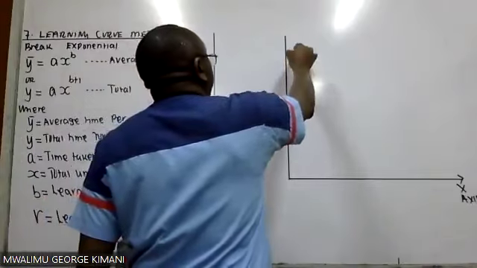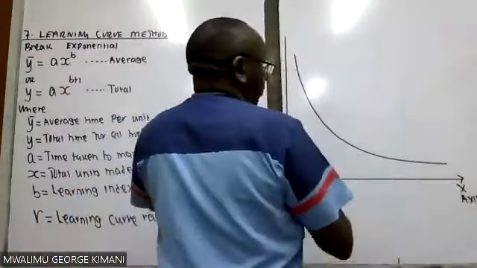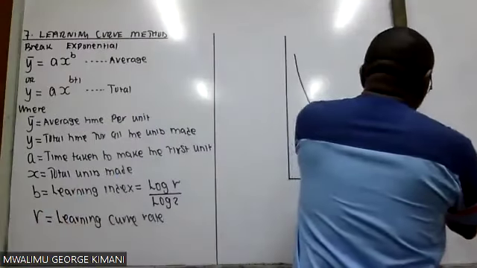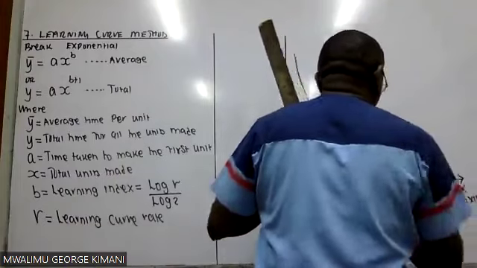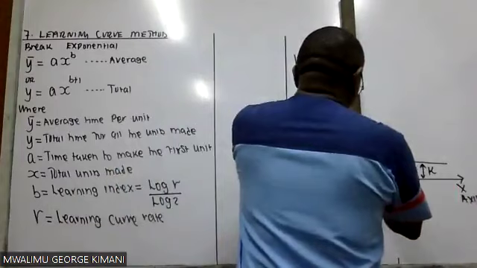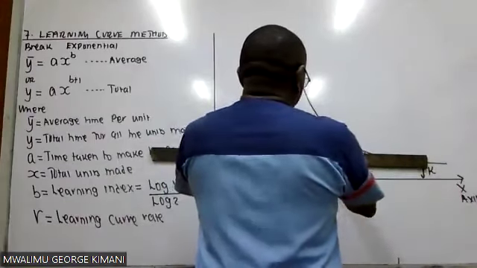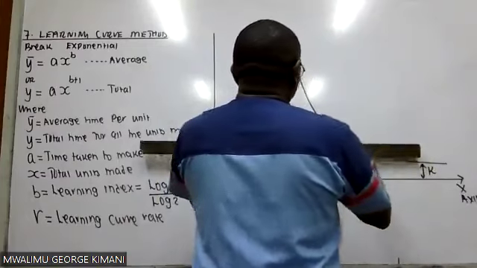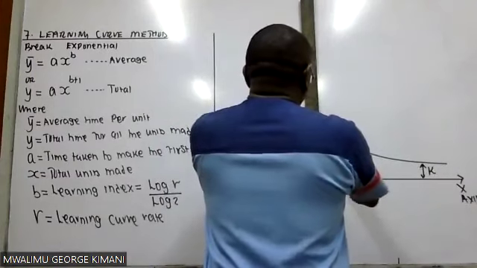So we have something like this. This space here is called K. And we have another one here, and another one here.